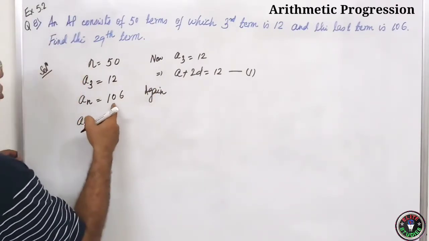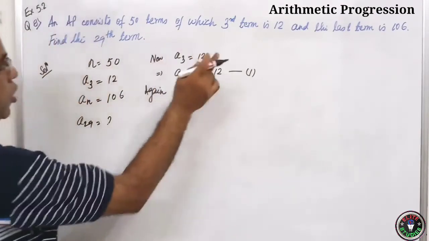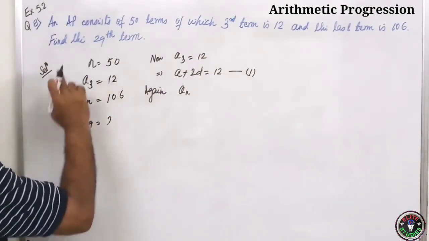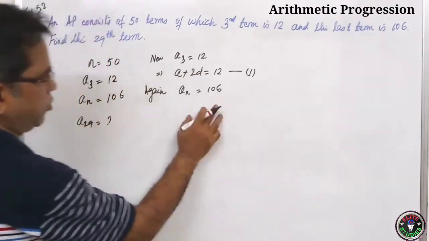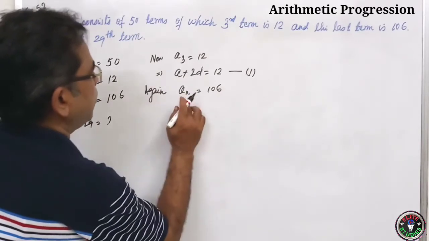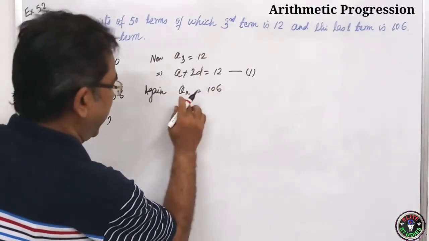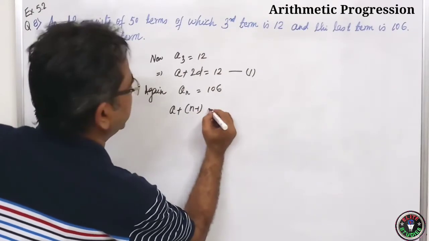Again, AN is equal to 106. AN means what? There are 50 terms. Here there is a trick, you see. There are how many terms? 50 terms. So this is A50, so this will be 106. And AN will be what? A plus N minus 1 D, isn't it?